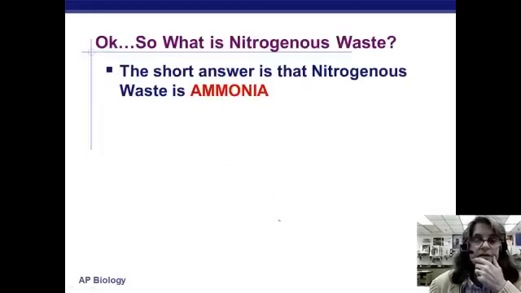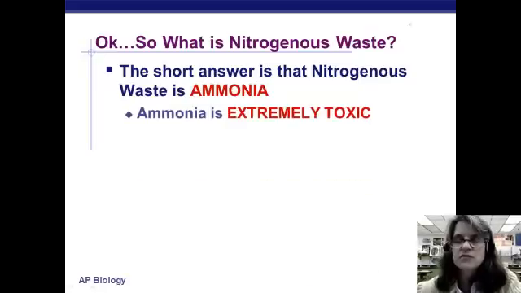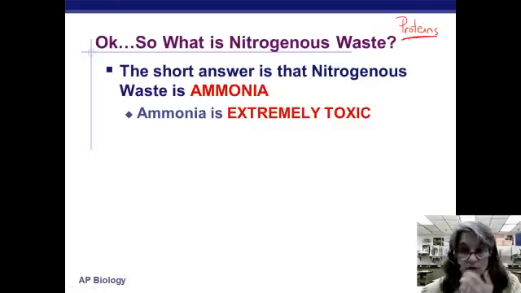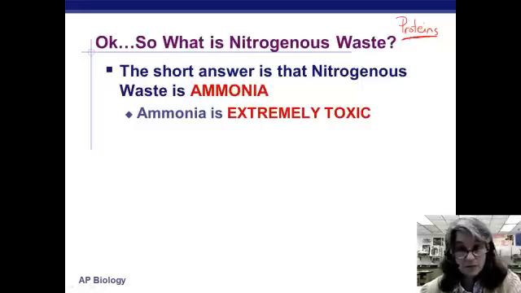Nitrogenous waste, in a word, is ammonia. Okay, it comes from the metabolism of proteins. Okay, when you consume protein, let's say you had a hamburger, that muscle in that hamburger is made of protein and your body breaks it down. Well, a very important part of proteins, as you might remember, is nitrogen.